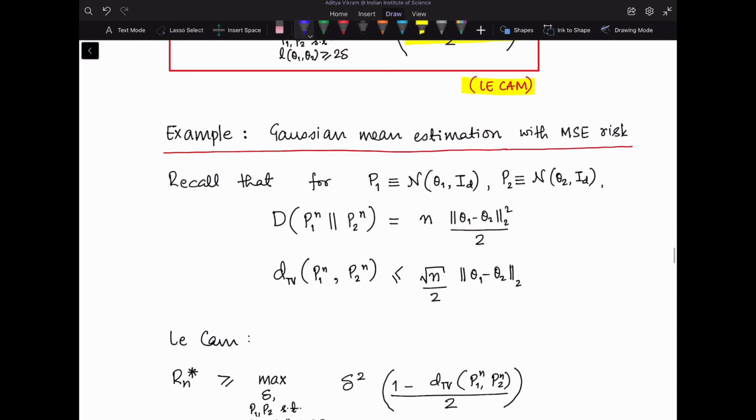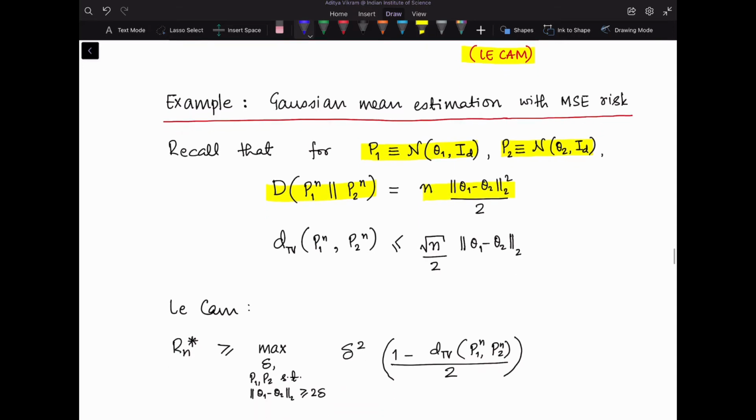Let's do Le Cam first. Let's solve the binary hypothesis testing problem. So if P1 is normal distribution with mean θ1 and P2 is normal distribution with mean θ2, you can compute that the KL divergence between P1n and P2n is equal to this thing.